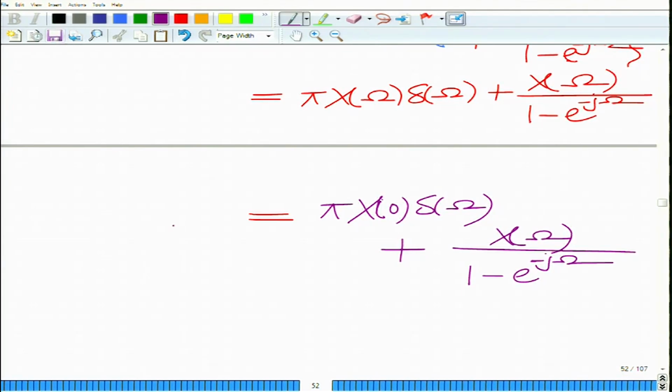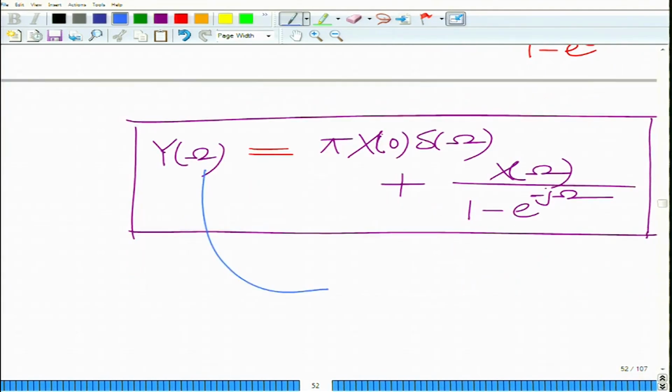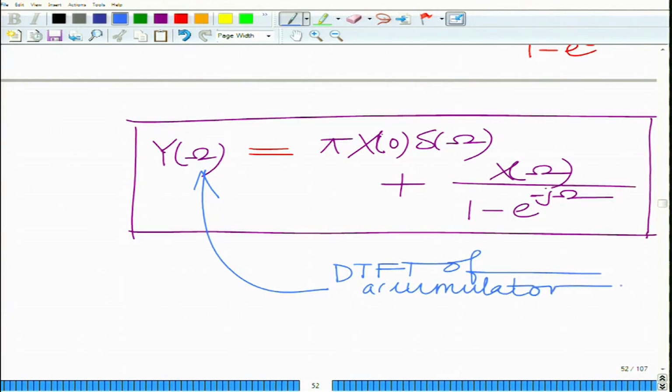That basically gives the DTFT of the accumulator.